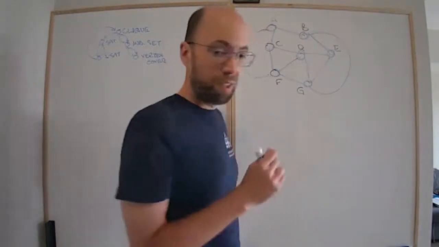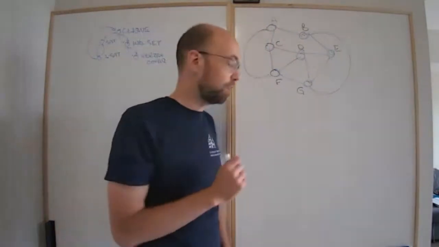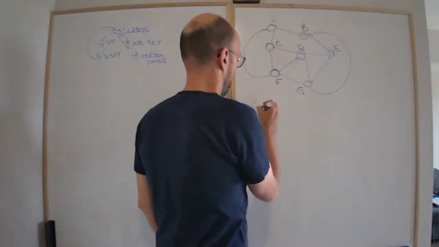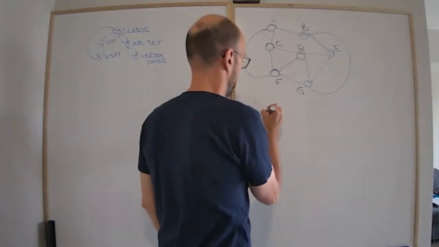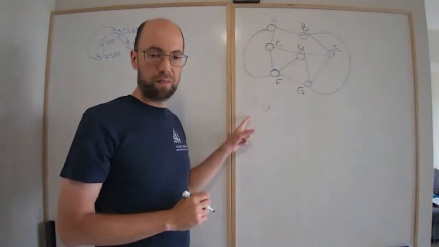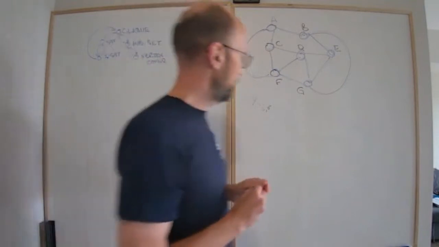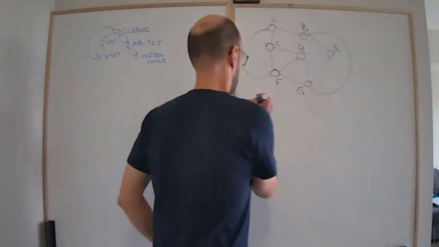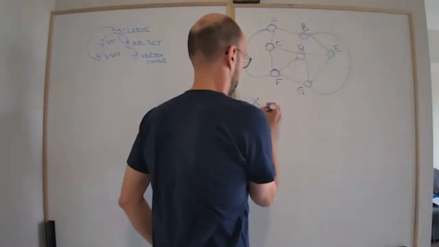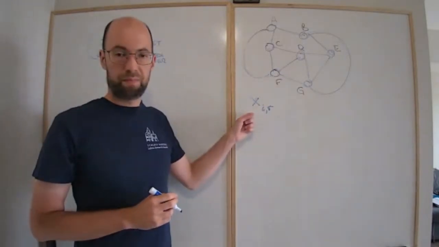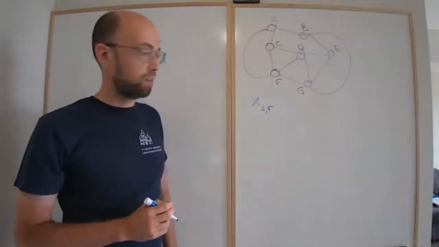Okay, so what we're going to do, we're going to create a variable that's x_{i,v}. Can you read this? No. Maybe the writing is better in blue. So x_{i,v}.